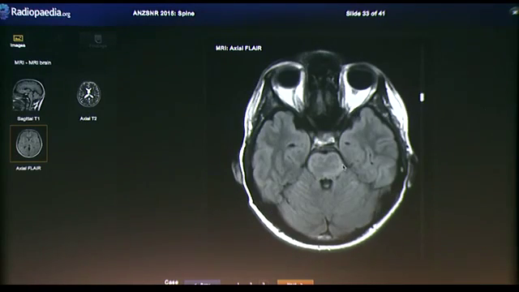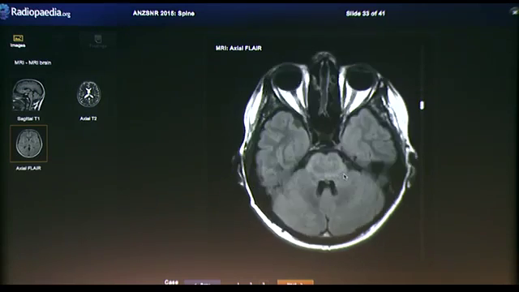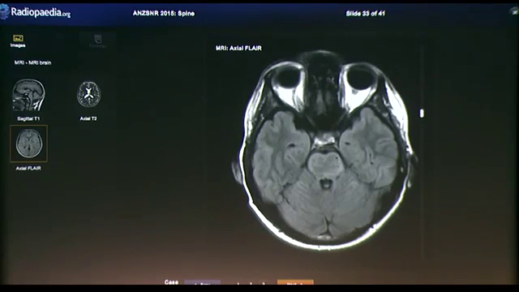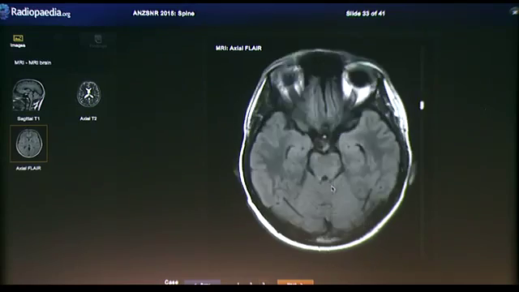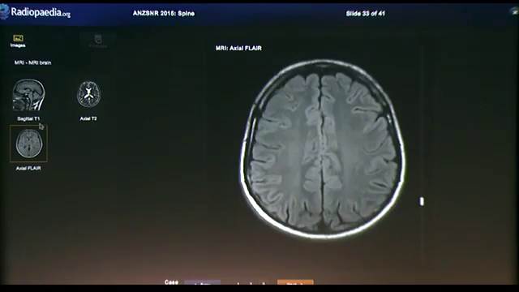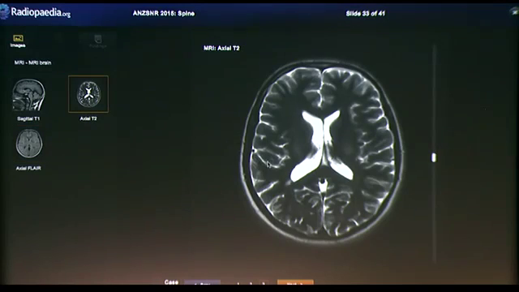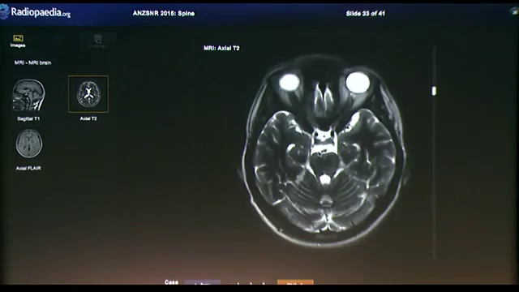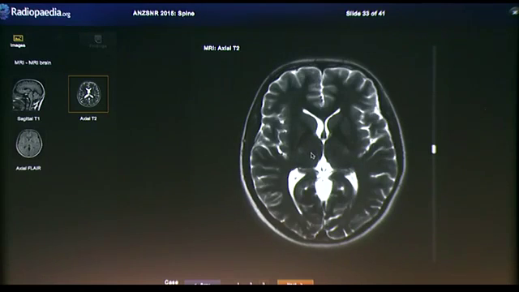And so this actually is an MRI done at a similar time, showing that peripheral FLAIR hyperintensity all the way through the brainstem, but no thalamic signal abnormality.